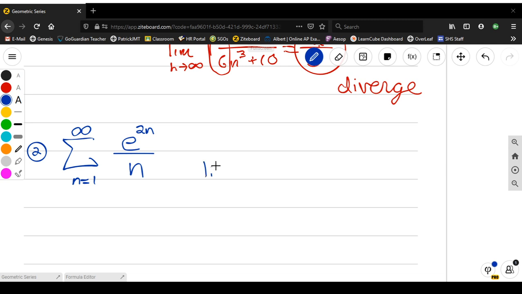Now, if we take the limit as n goes to infinity of e to the 2n over n, this is really infinity over infinity. Anytime you have an indeterminate form like this for a limit, we can use L'Hopital's rule.